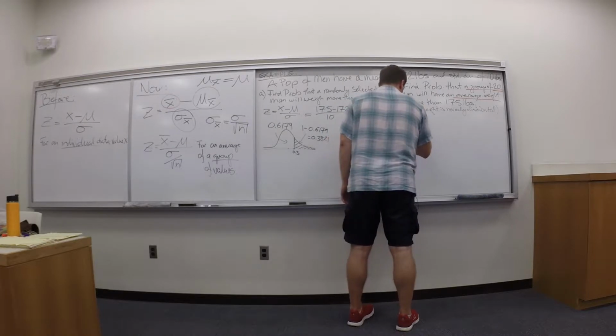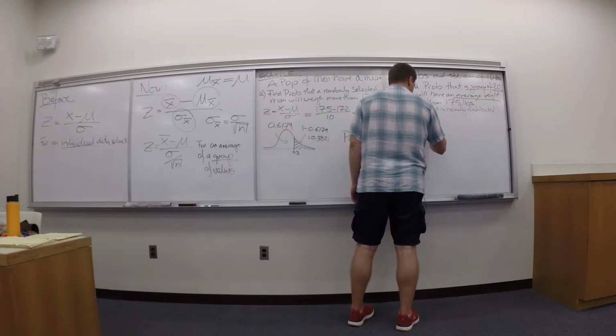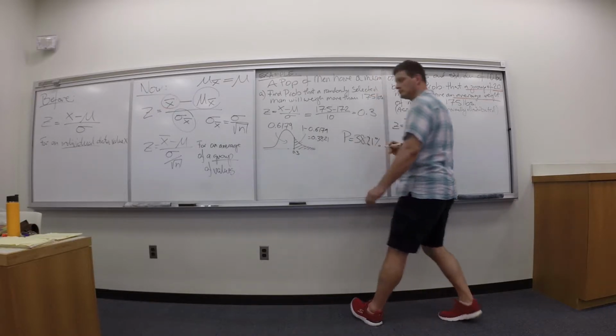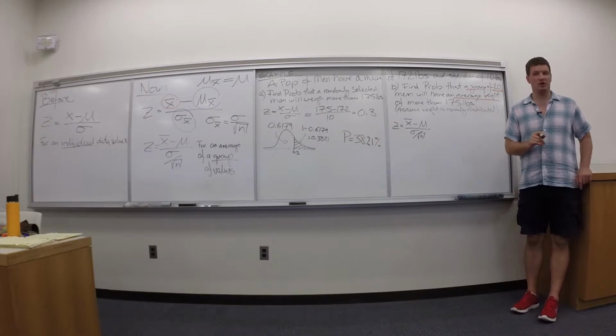So z-score is x bar minus mu divided by sigma divided by square root of n. What's x bar?